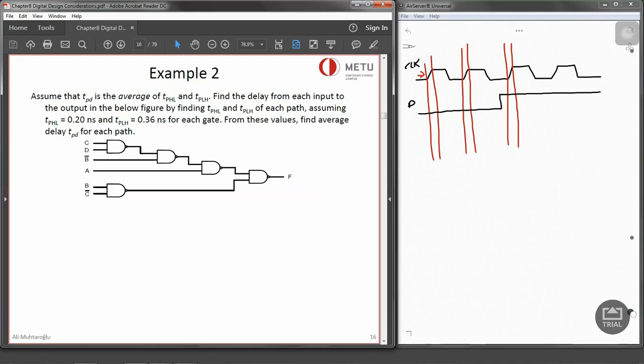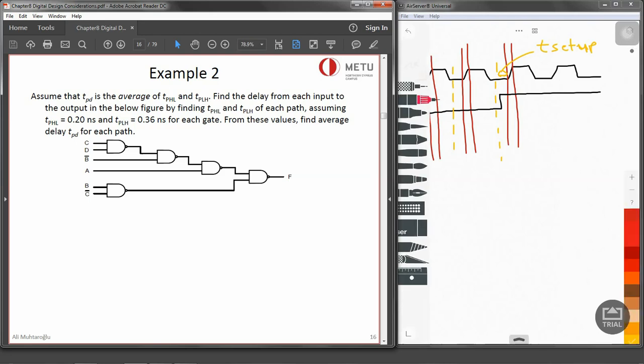So this duration for the rising edge is known as TS. So before the rising edge, we need a short amount of time where our input must be stable. So we must have a valid input before the rising edge of the clock. That TS is known as setup time. So we need to have a setup time.